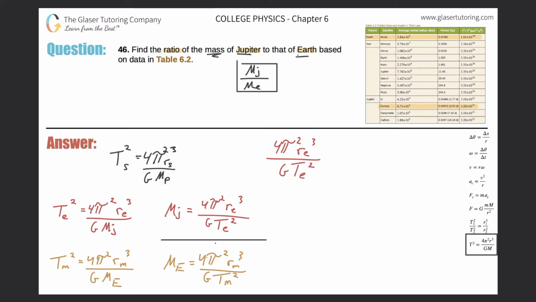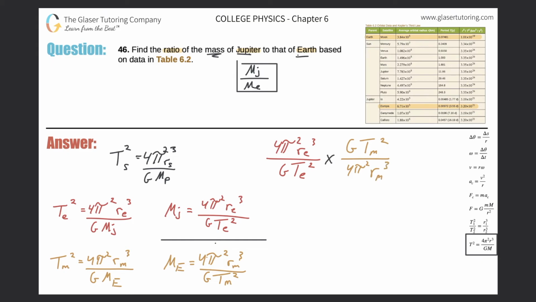Now that is going to be multiplied by the reciprocal of this denominator. So the reciprocal there is just to flip the numerator and denominator. So it becomes G times the period of the Moon squared, all divided by 4 times pi squared, multiplied by the radius of the Moon cubed.